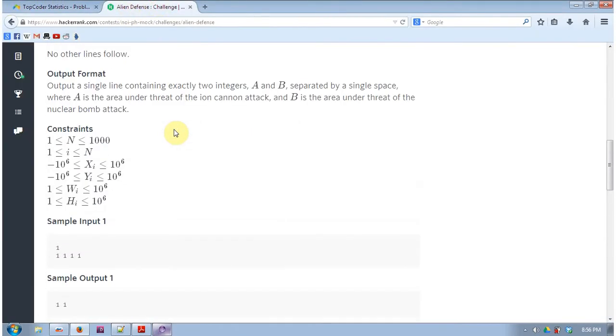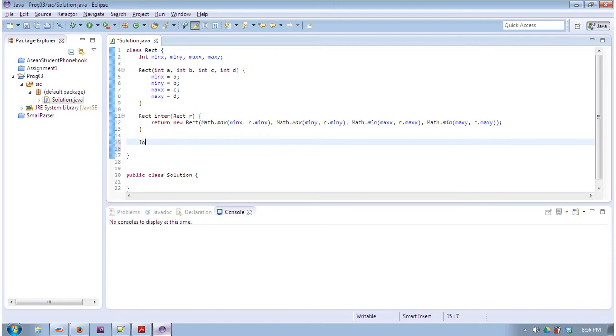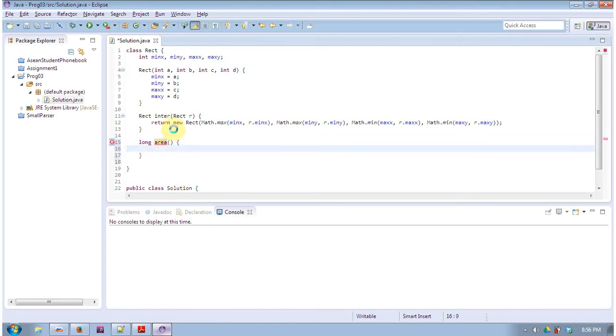The values for this one, x and y, are from negative 10,000 up to, oh no, not 10,000, it's 1 million. So their area is of a long data type.